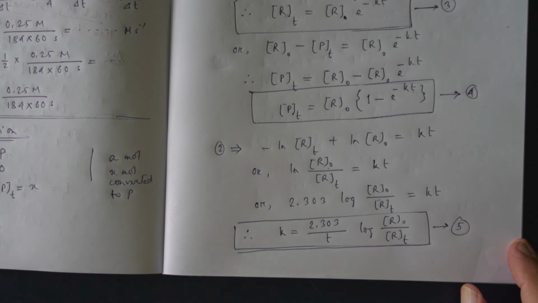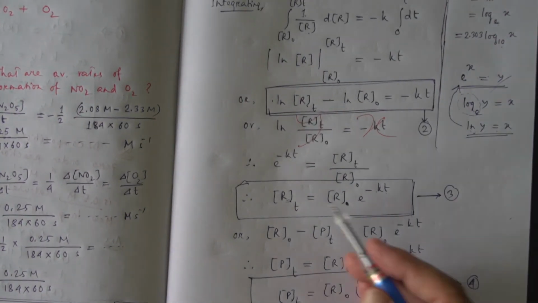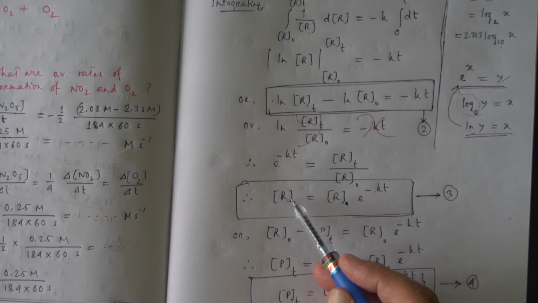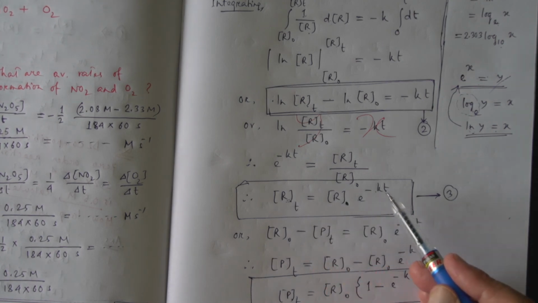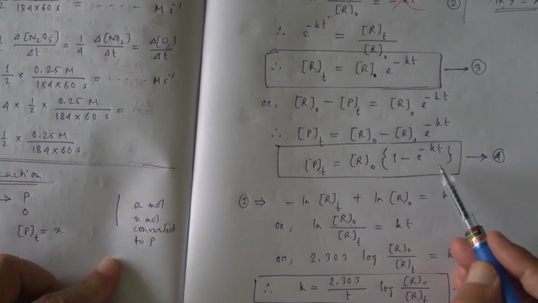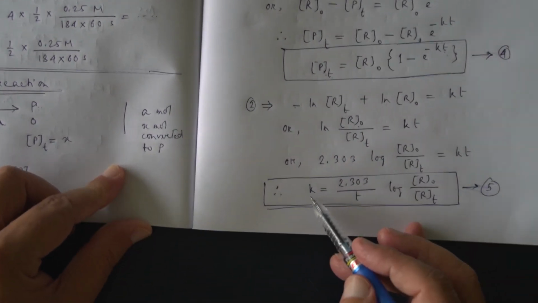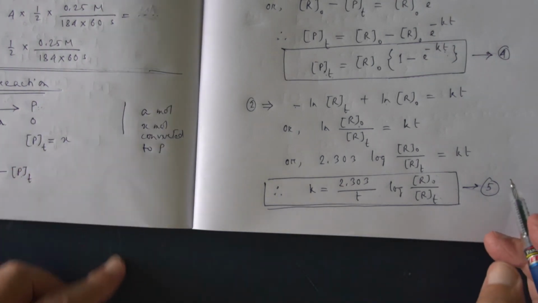So we are getting 3 expressions for first order reaction. One is how the concentration of reactant changes with time, another is how the concentration of product varies with time, and this is the expression for the rate constant of first order reaction.